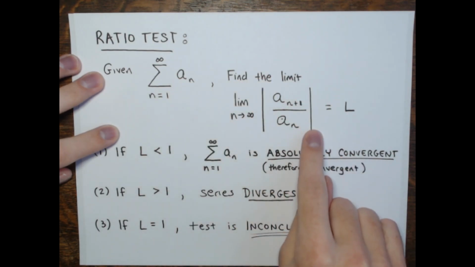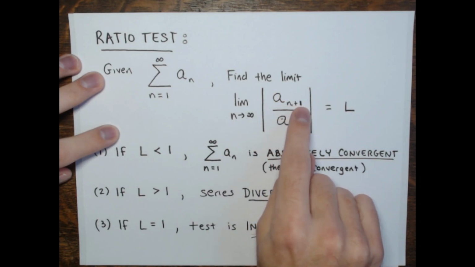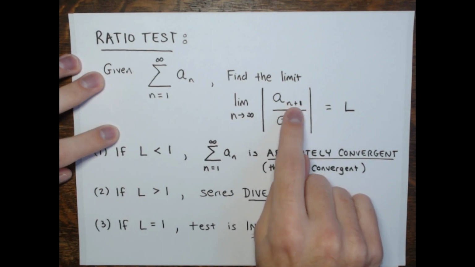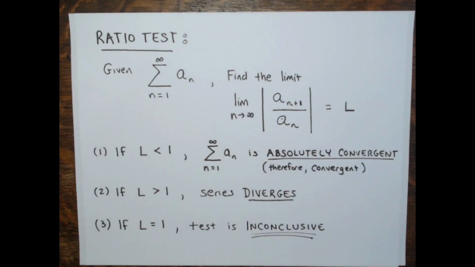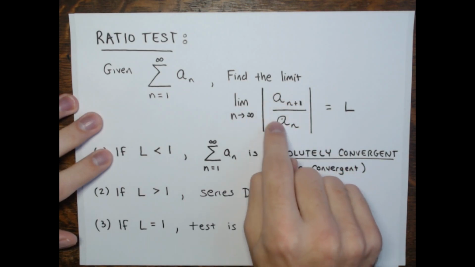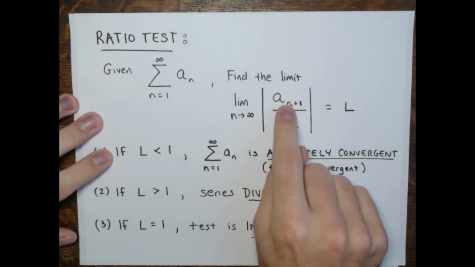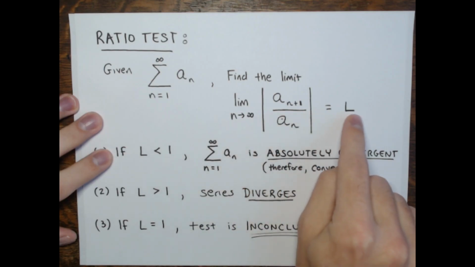Absolute value, and then we're taking the limit of this ratio, a sub n plus 1. So what does the n plus first term of the series look like, divided by the previous one, divided by the nth term? What happens to the limit of this ratio, terms to their previous terms, as we go further and further along the series? I'm going to call this limit L.